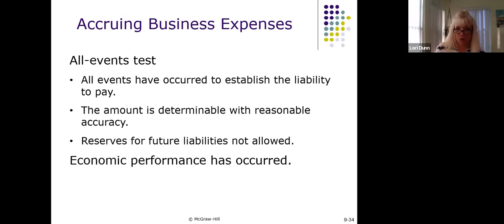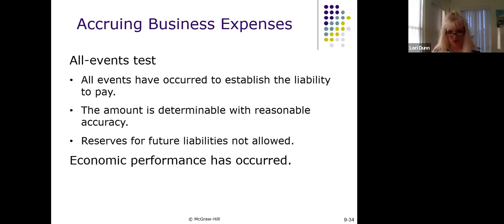We do no estimating. We do not estimate liabilities or expenses. So you're going to see, we don't do any bad debt estimating in tax accounting. Nope. So it's pretty much, you know, you owe this money and you know about how much you owe. You could determine it pretty reasonably. The other major component is something called economic performance has occurred.